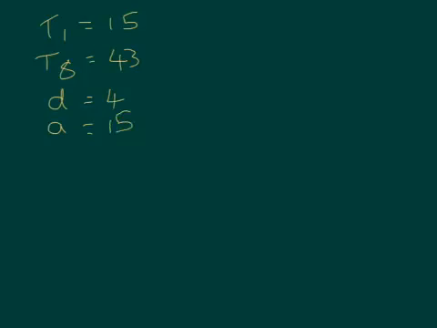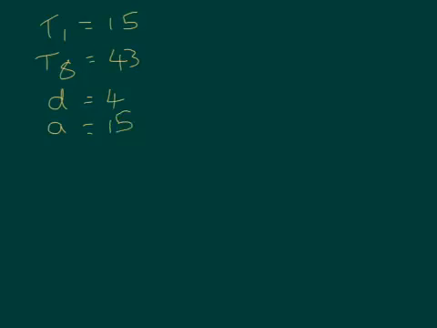So from the previous screen we know that t of 1 equals 15 and t of 8 equals 43. We've also just worked out that d is equal to 4. We know the first term a is equal to 15, which is the first term.